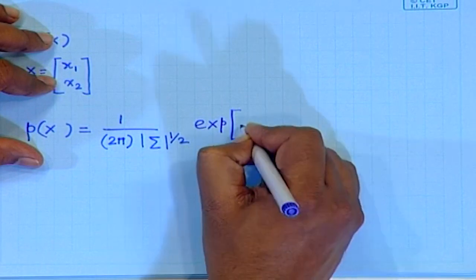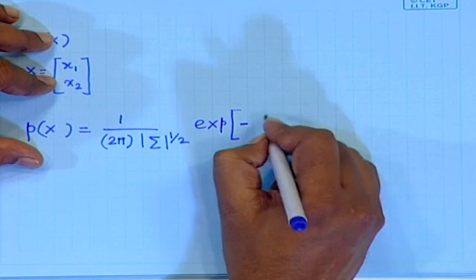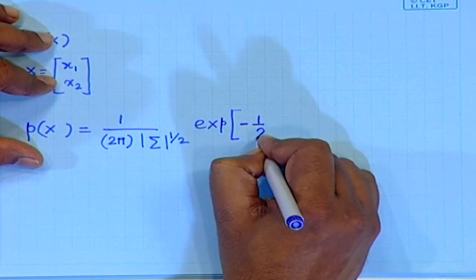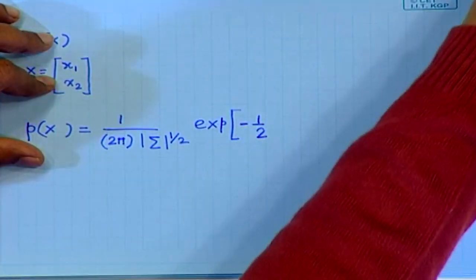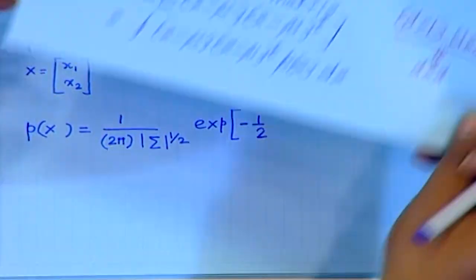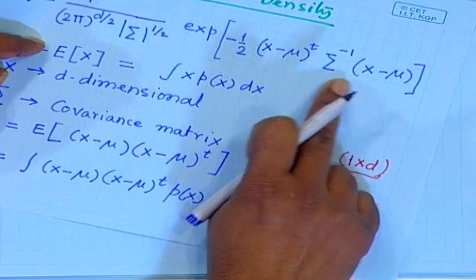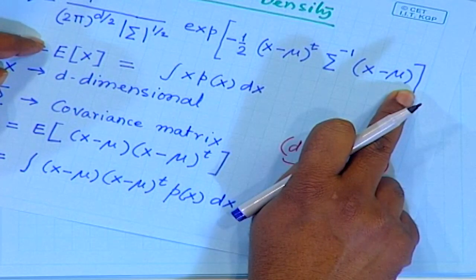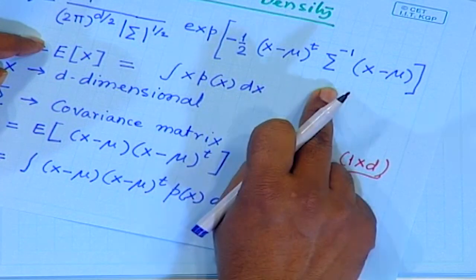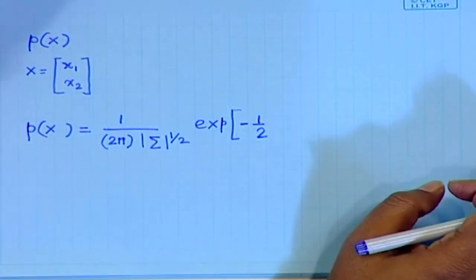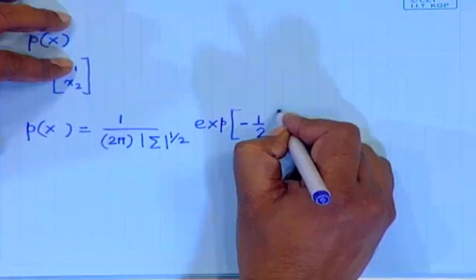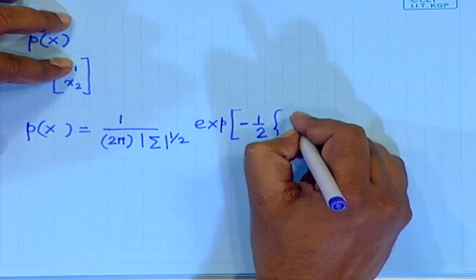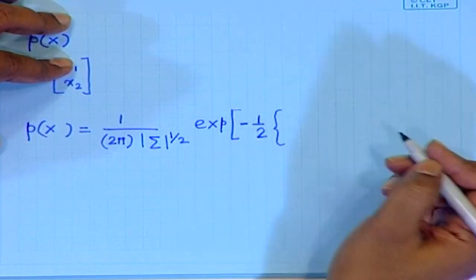So this into exponent of again minus half. Then this term, (x minus mu) transpose sigma inverse into (x minus mu), can be written in this form. Now I have two components, one is x1, the other one is x2.